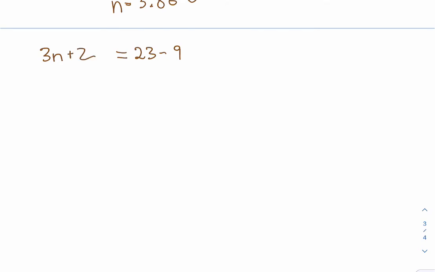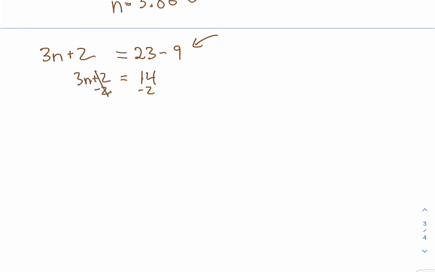Okay? So again, on this one, we want to group things together and simplify. So I'm going to start over here on the right-hand side. So 23 subtract 9 is going to be 14. So now I can get going here and get rid of that.